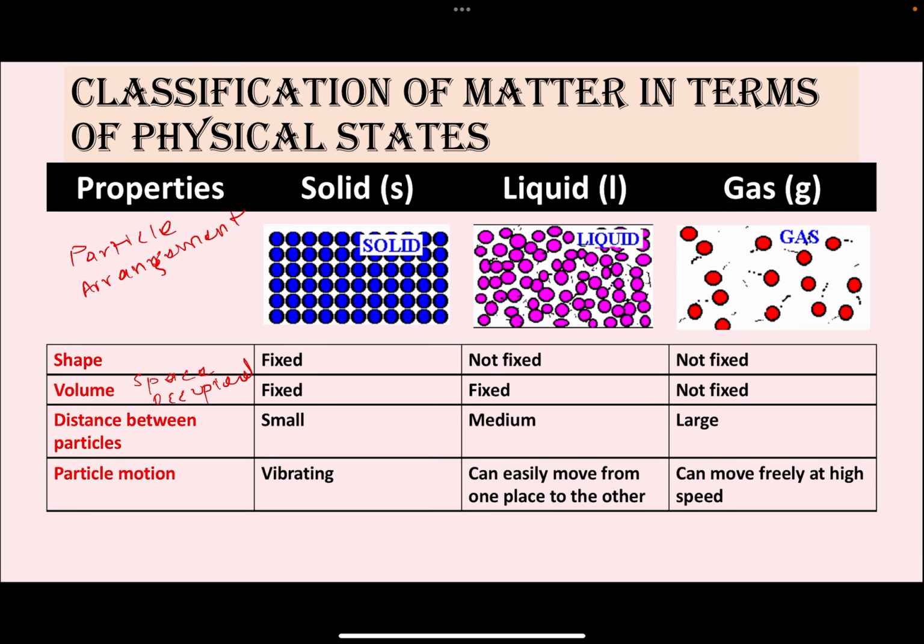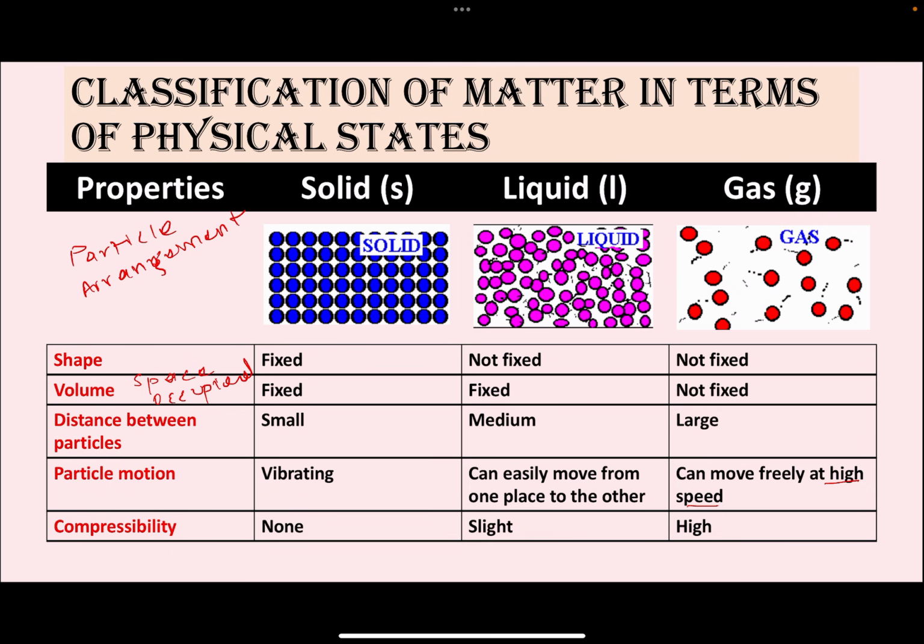In case of liquids, particles do have some freedom to move around. In case of gases, however, because there's so much space, particles move a lot. And at the same time, very important to remember that gas particles move at a very, very high speed, primarily because they have a lot of space to move. So they can move at a very high speed.